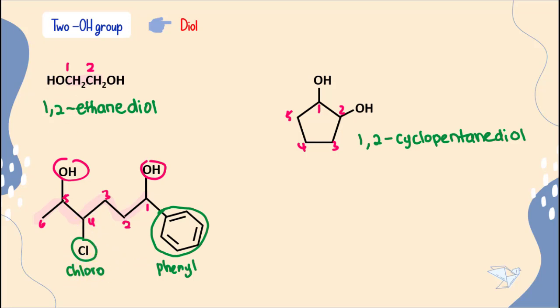As a single word, we have to follow alphabetical order to place the substituents, so C comes first before P. So the name of this compound will be 4-chloro 1-phenyl 1,5-hexane diol.